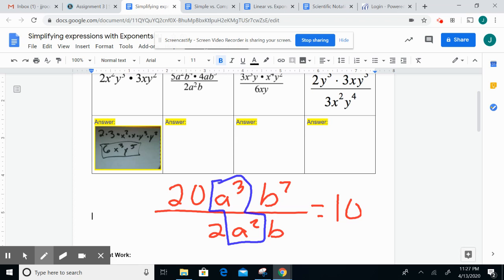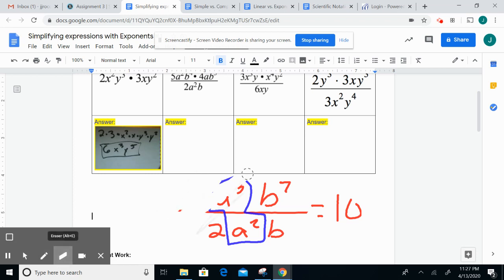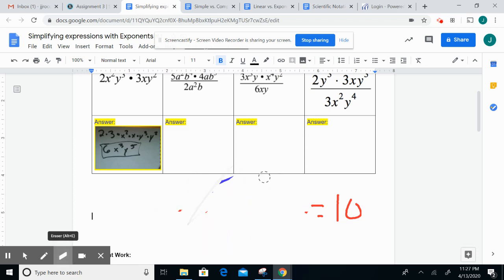Just focus on that. If you need to, you can separate everything. And what I mean by that is, let me go ahead and write it so you can see what I mean. 20 divided by 2. And a to the third over a squared.